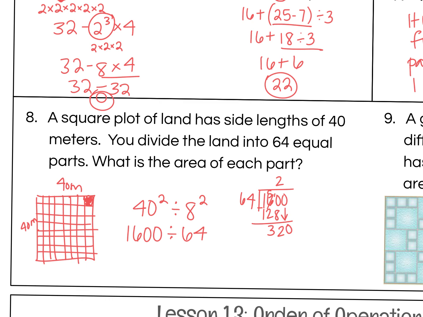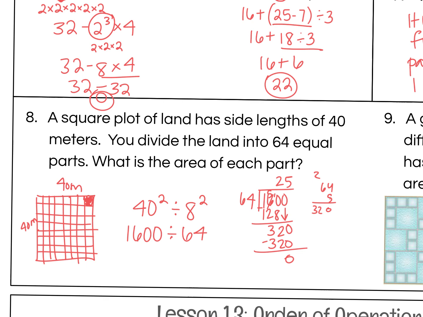How many 64s go into 320? What can I multiply by 4 that ends in a 0? 5. So let's try 5. Let's try 64 times 5. That's 320. Does it work? Yep, works perfect.